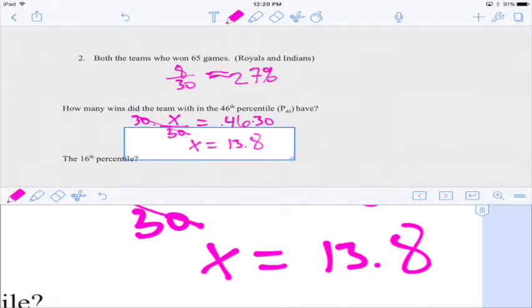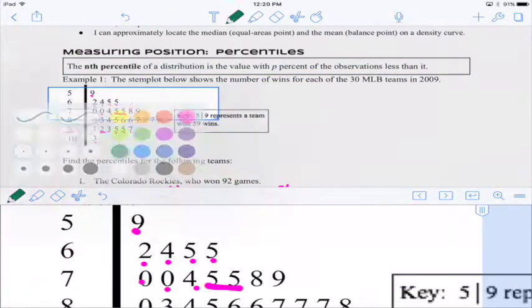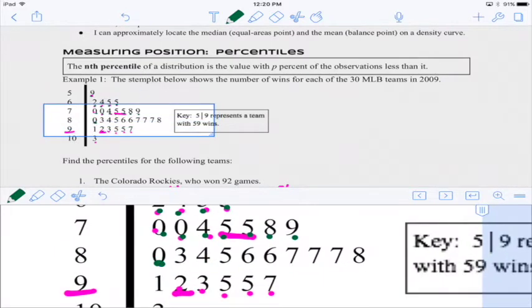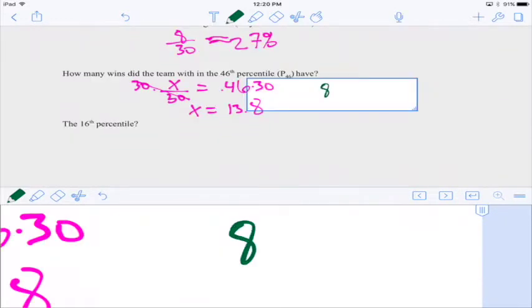Remember we rounded, so it's 13.8, which means that there's 13 teams less. Again, we're talking about teams less than. So let's see. 1, 2, 3, 4, 5, 6, 7, 8, 9, 10, 11, 12, 13. So that means 83 wins.